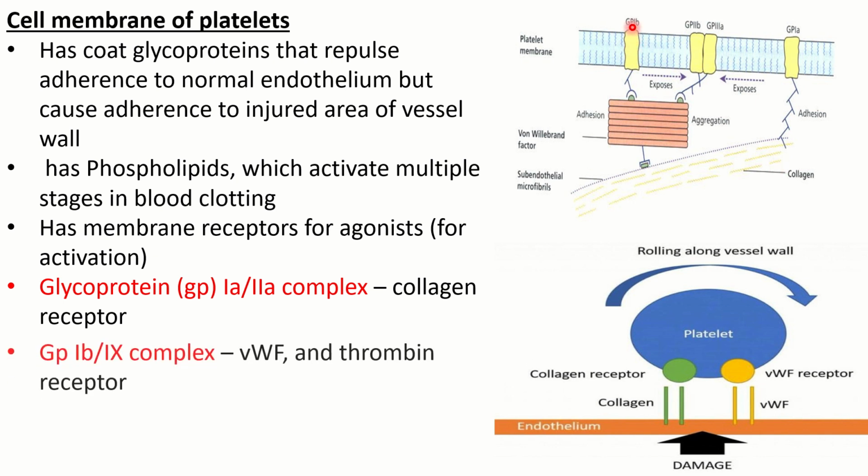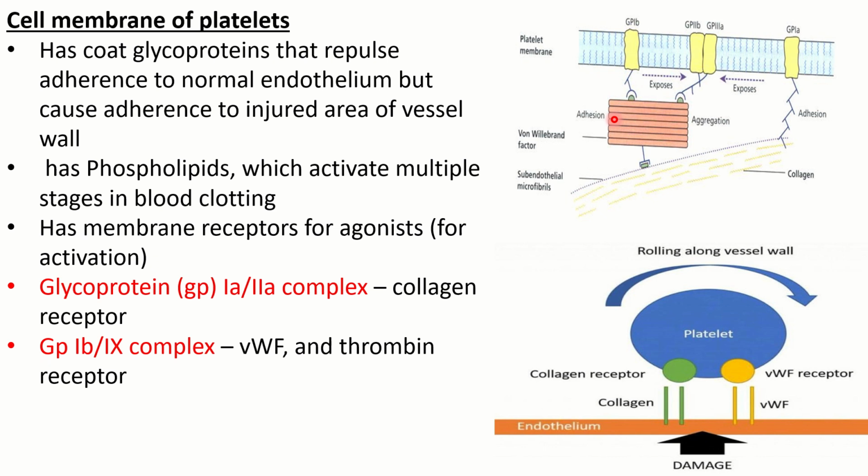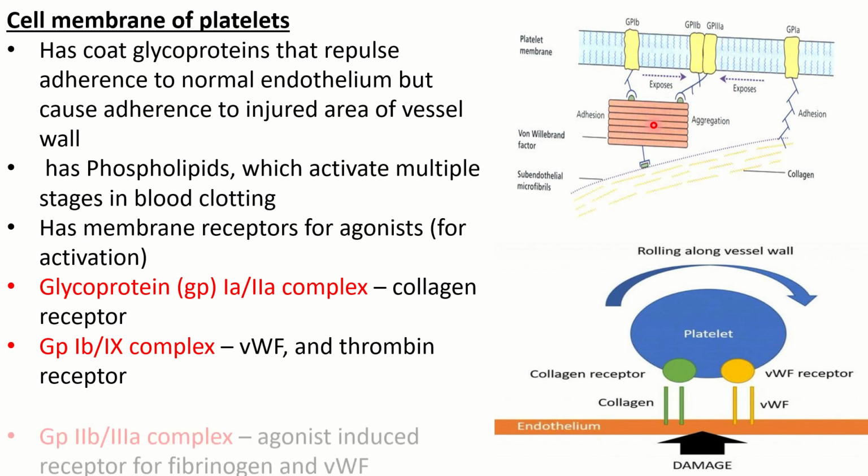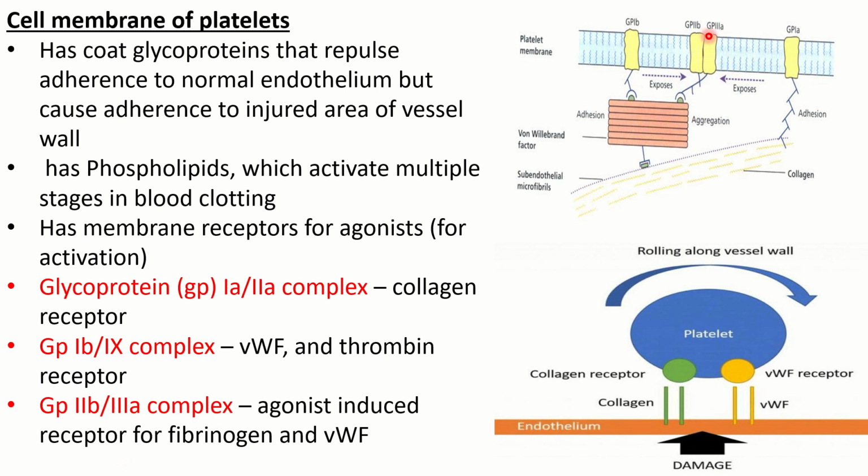Then we have glycoprotein 1B, which works on von Willebrand factors, which are found on the endothelium or on the subendothelium, which adhere and activate them. We also have glycoprotein 2B3A complex, which again works on von Willebrand factors, and also fibrinogen, which I'll show you in the upcoming slides, right?